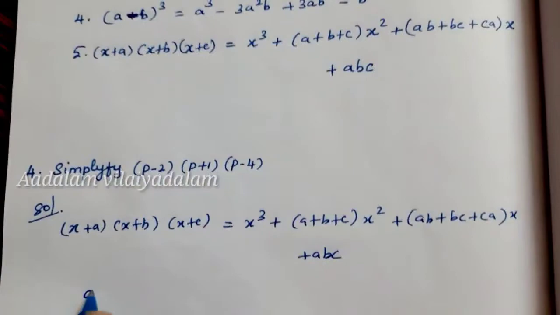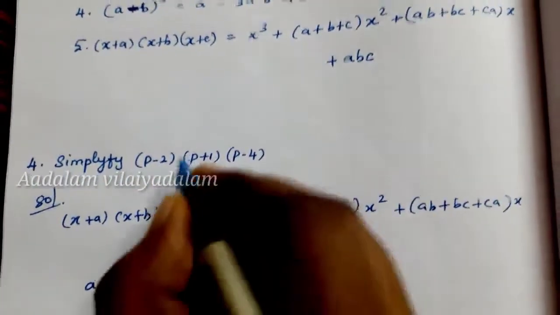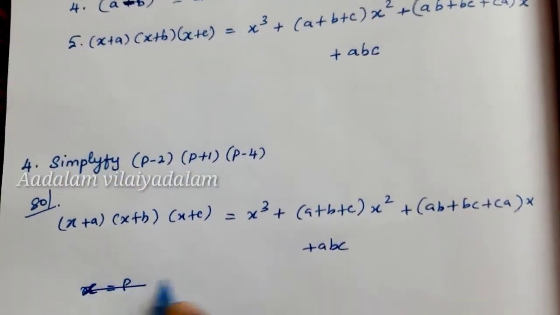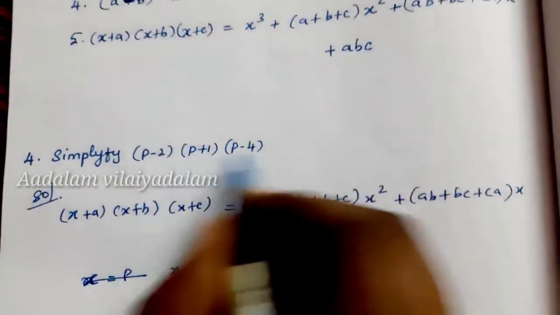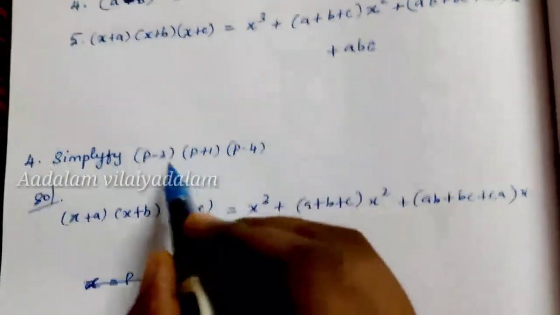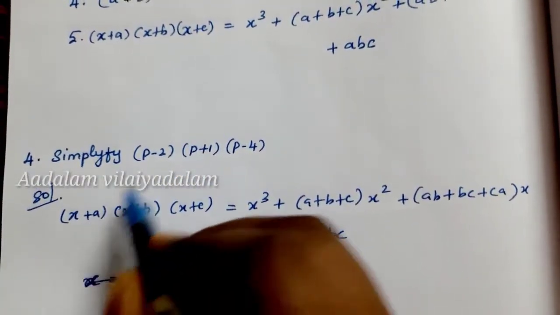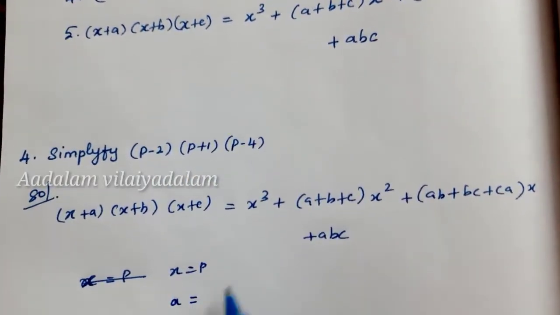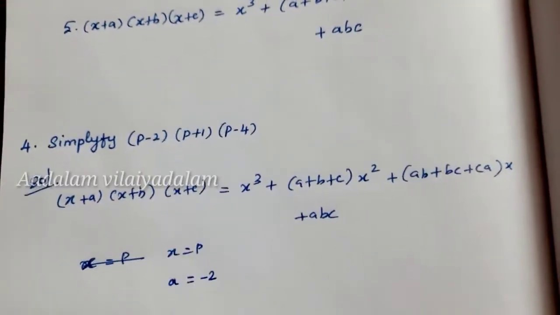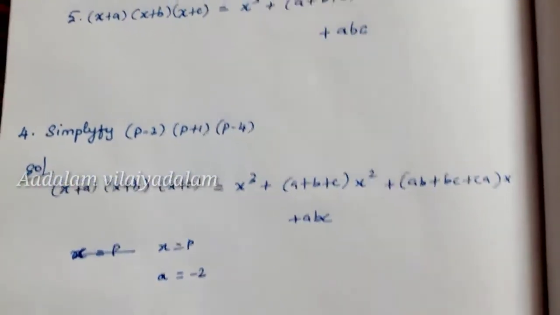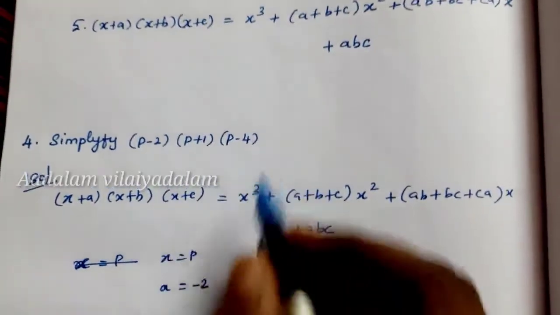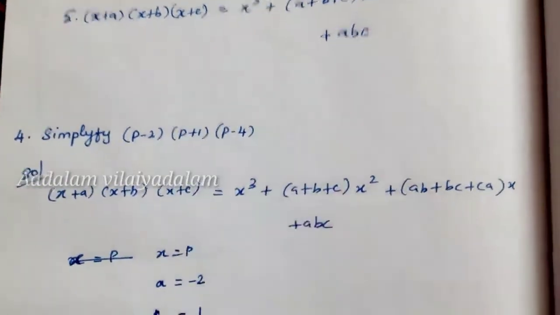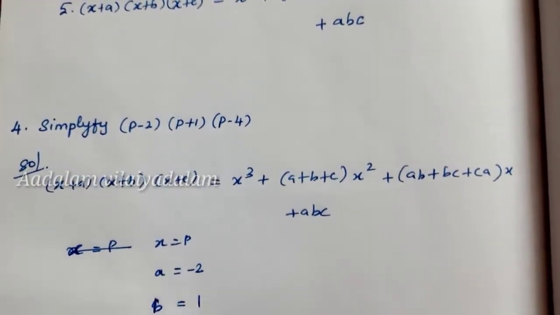Here, instead of x we can write x equals p. Then instead of a, the formula has plus a, but here there is minus 2, so let us write a equals minus 2. Then automatically the problem will be solved. Next, for b we can take plus 1, and for c we can take minus 4.